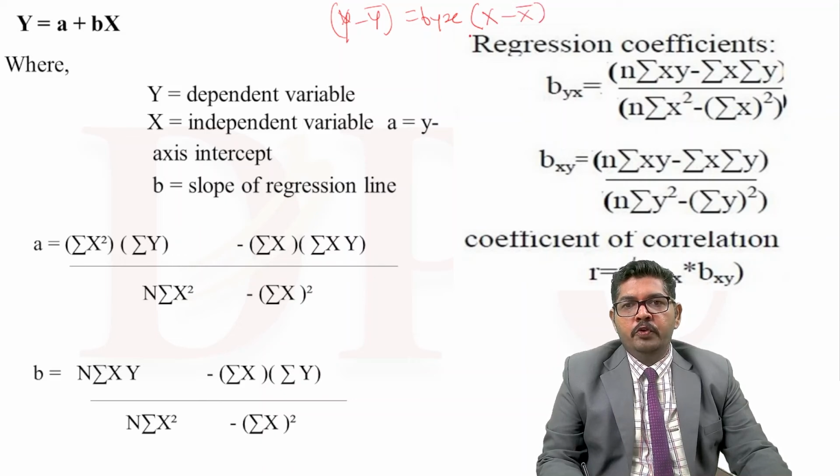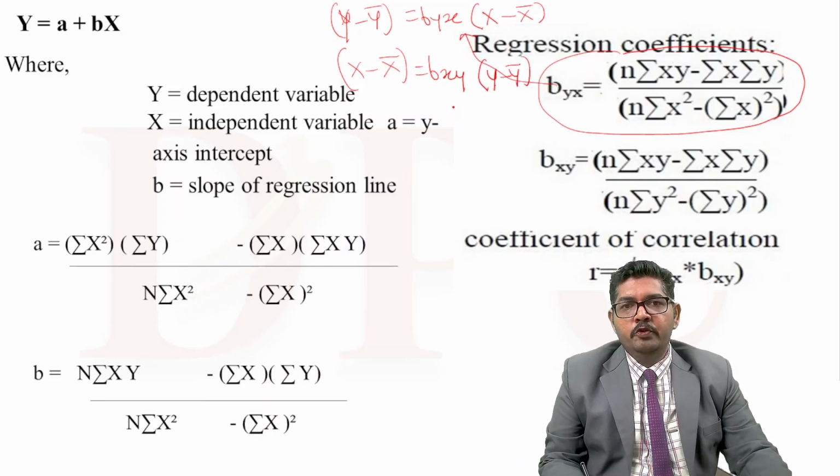You can use this value of byx and obtain the regression equation of y on x directly. Or suppose you have to find the x on y equation, then x minus x bar is equal to bxy multiplied by y minus y bar.